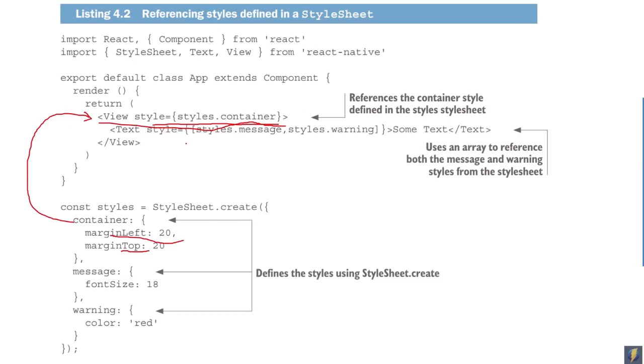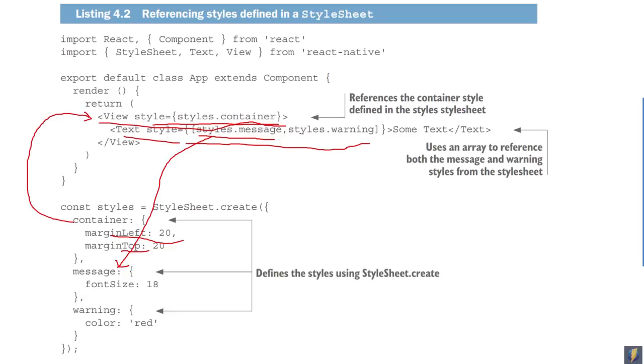And next is this one. You also can use many styles on one component. For example, for this one, this is a text. It has a combination of styles. The first one is styles.message. You can find it here.